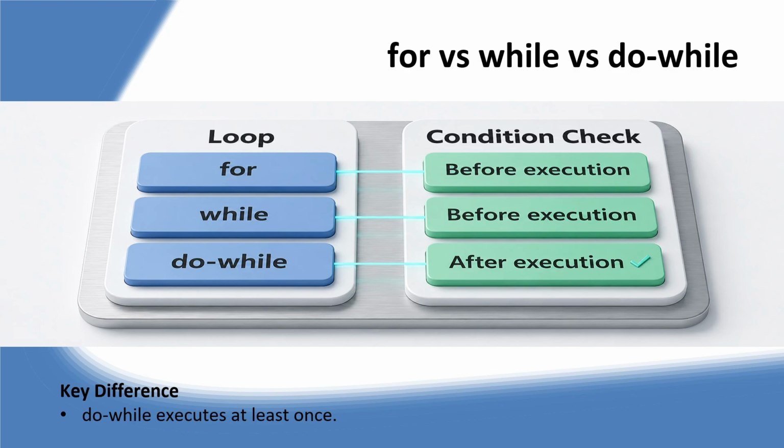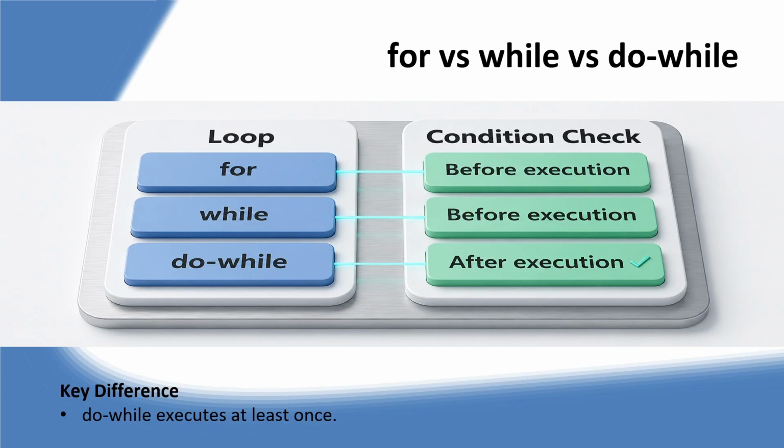So common uses for the do while loops are menu driven programs, because in menu driven programs we need to show the menu at least once, and then the user will give an input, and based on the input the program will carry on.